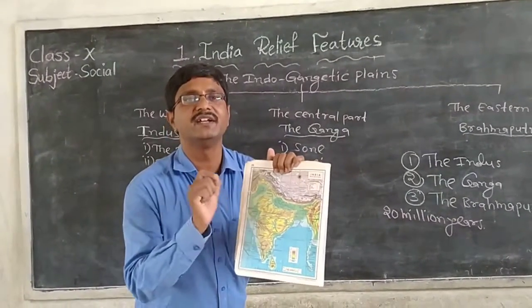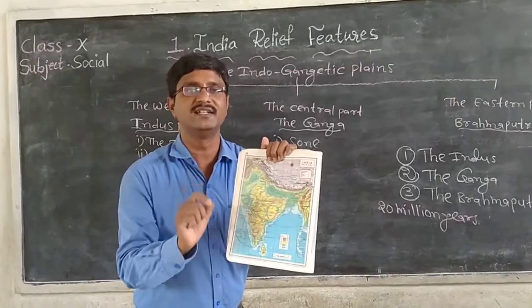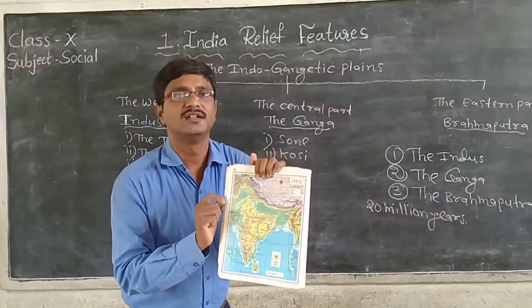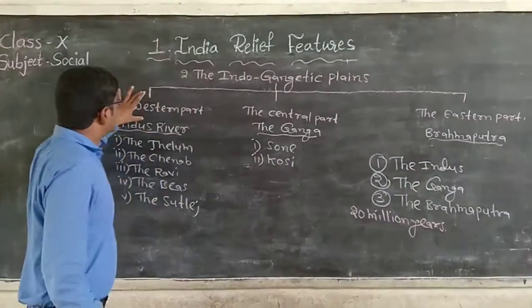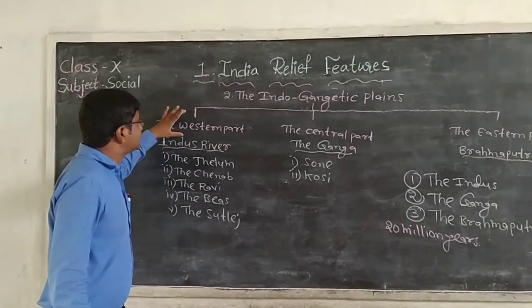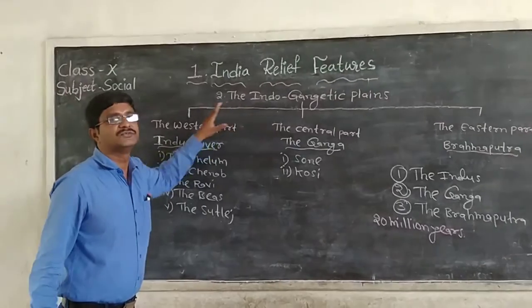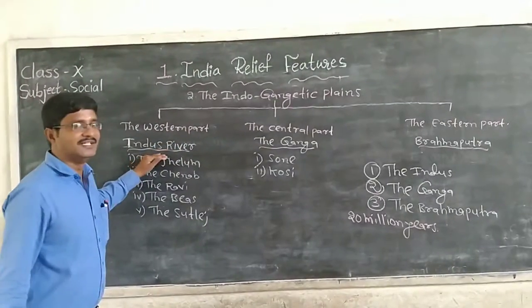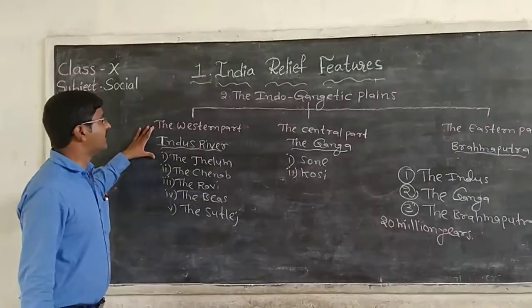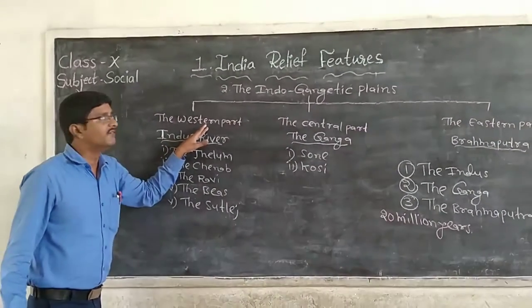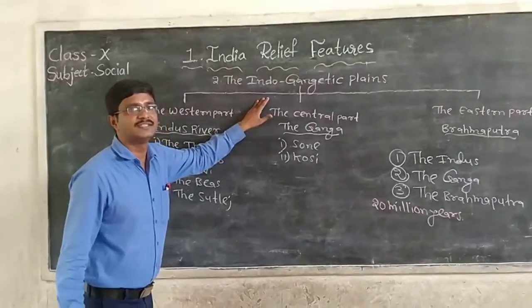How was this western part formed? Which river is the main reason for the formation of the western part of the plain? Let us see. The western part of the Indo-Gangetic plain was formed because of the Indus river. It means the Indus river is the main reason for its formation.